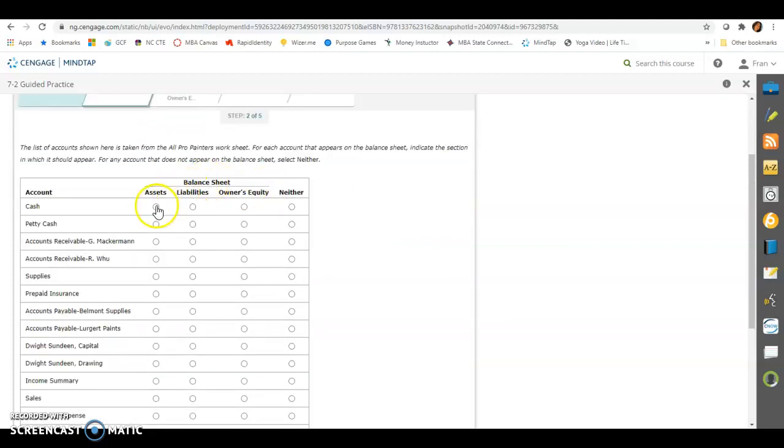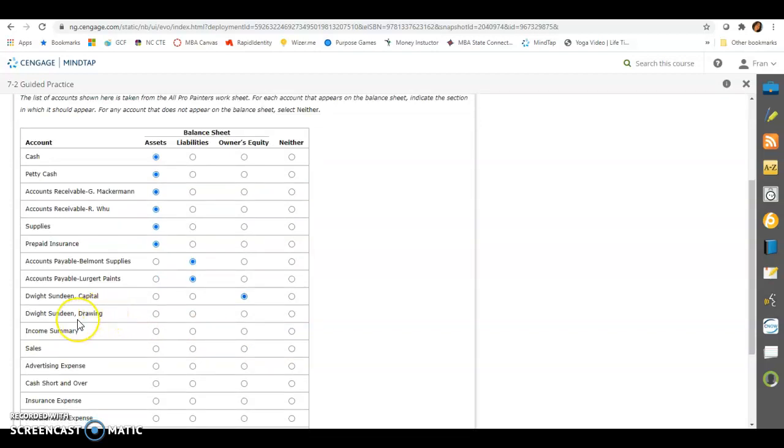So cash is an asset. Petty cash is an asset. Accounts receivable, also an asset, both of them. Supplies we know are assets. Prepaid insurance is an asset. Accounts payable, liability, both of them. Dwight Sundin capital is going to be owner's equity.